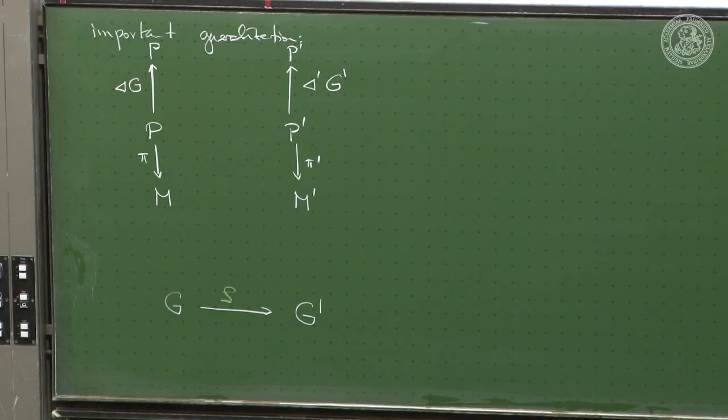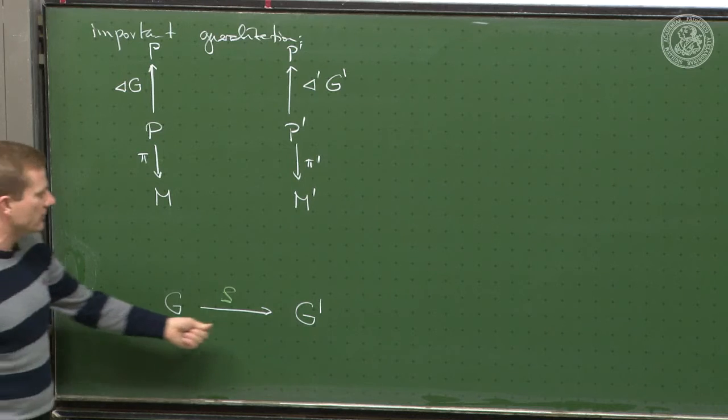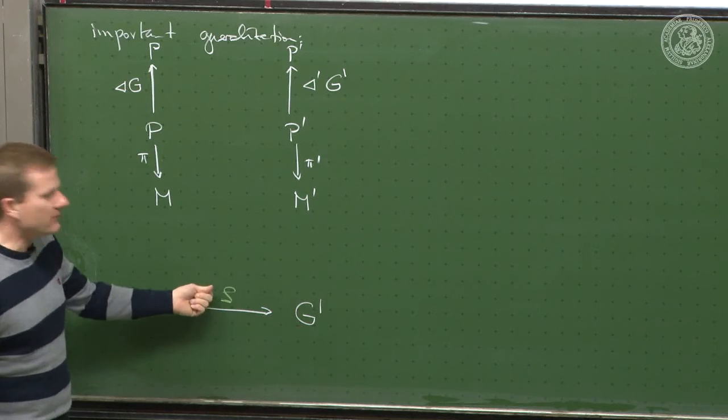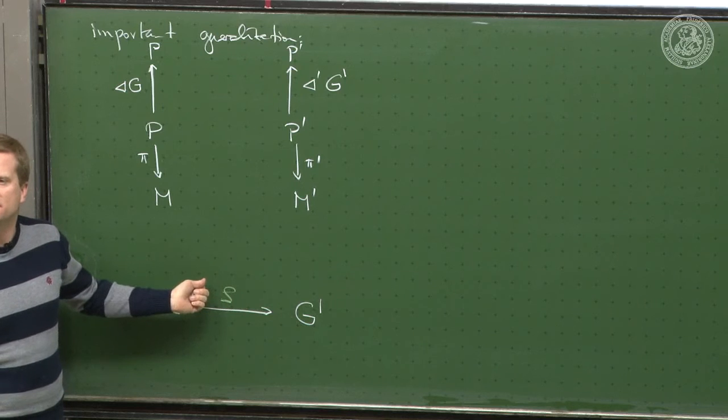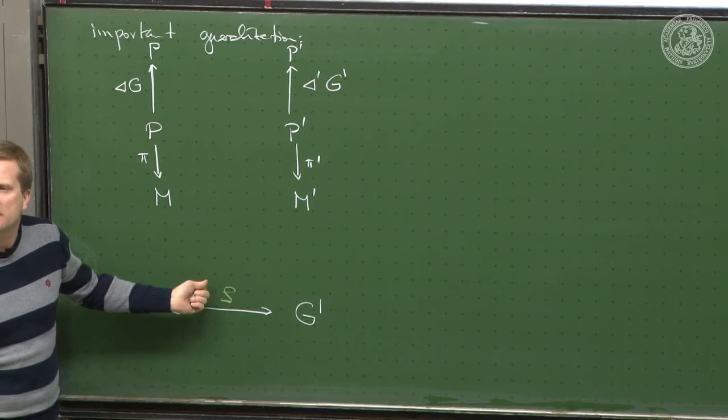Okay, so it's a map rho. Now, because this is a Lie group and that's a Lie group, what would we very likely require of rho? Well, that it's smooth and a Lie group homomorphism.